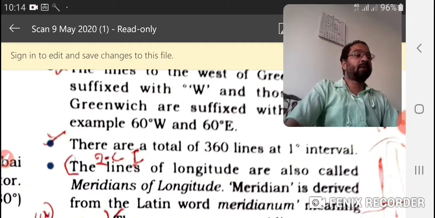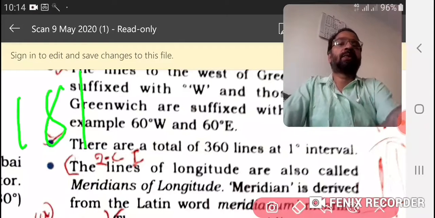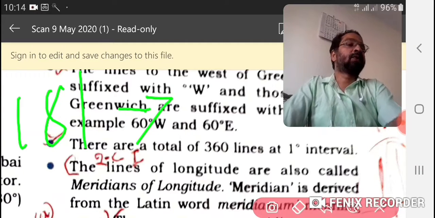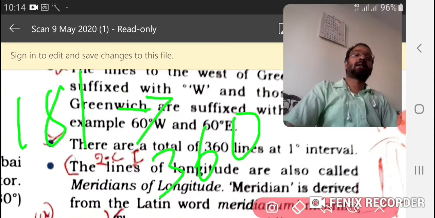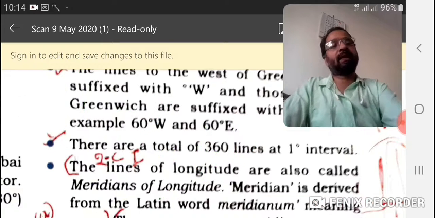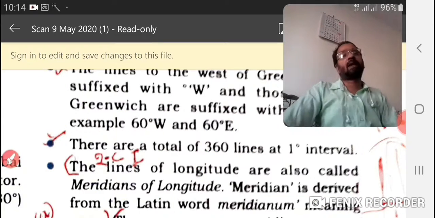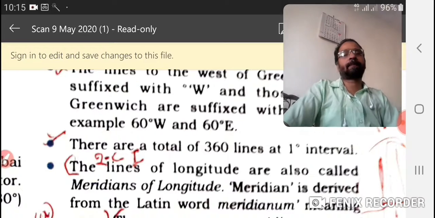And latitudes, how many are there? 181 latitudes, and 360 longitudes. Each line has a 1 degree interval, and the distance of 1 degree is 111 kilometers. Both are the same.